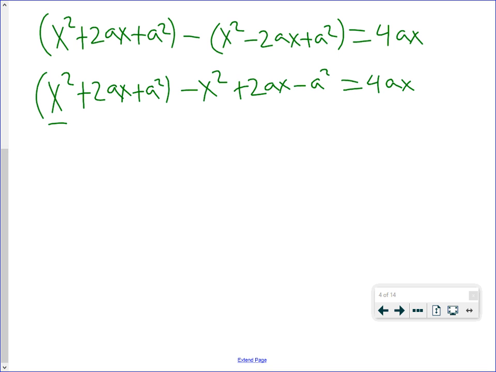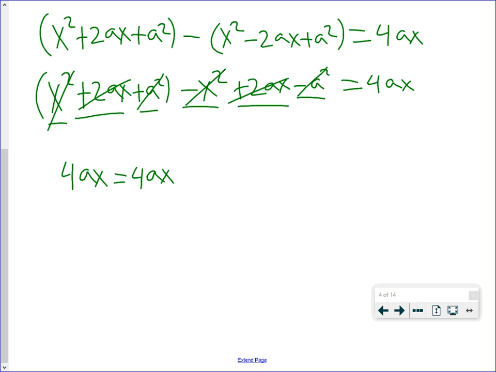For x², we have x² plus negative x², which gives us 0, so they cancel out. 2ax and positive 2ax gives us 4ax, so we can write that down and cross it out because we used it. Now a² and negative a² cancel each other out as well, and we get 0. So we're left with 4ax on the left side, and that should equal the 4ax on the right side. It does. So we put a little check mark next to it, showing that we did prove it and that this polynomial identity exists.